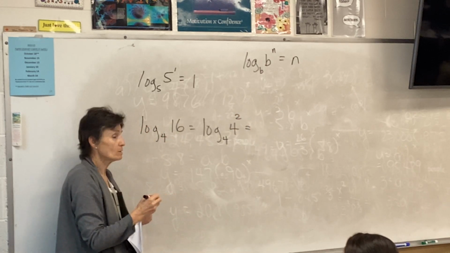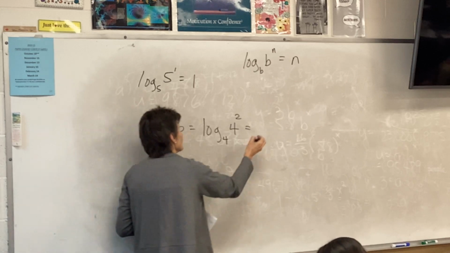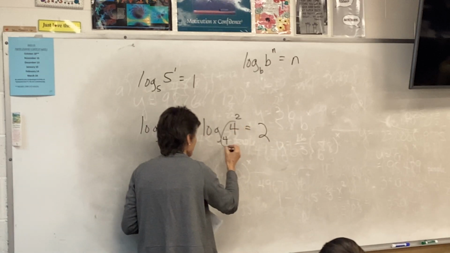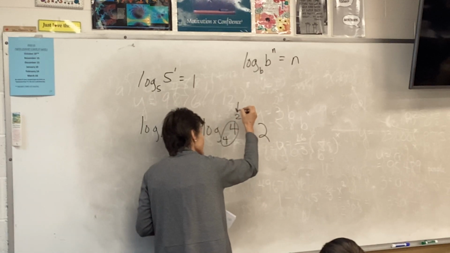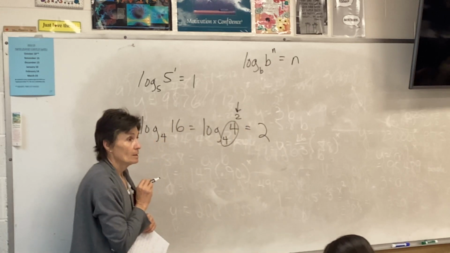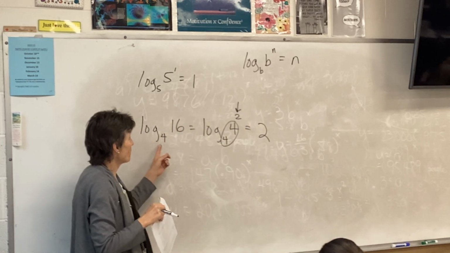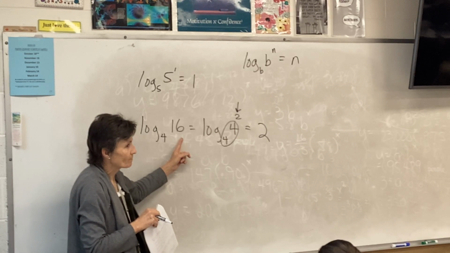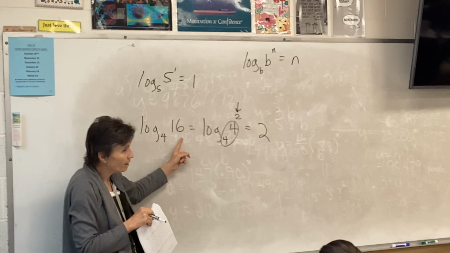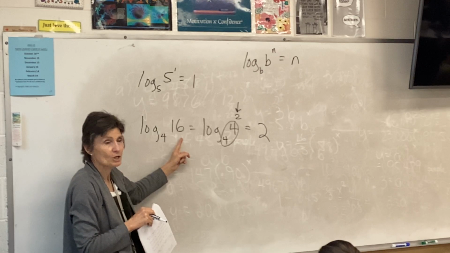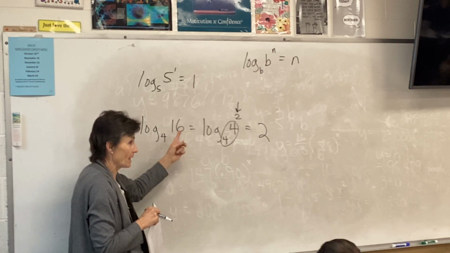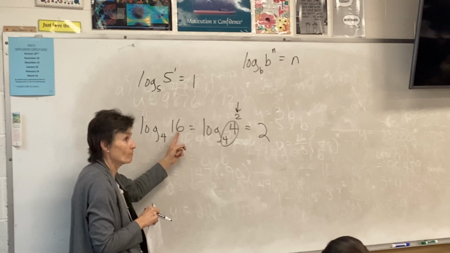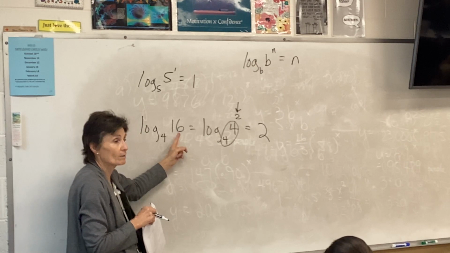Then it's not 4, it's 2. Remember, if these two numbers match, that is the answer. If those two numbers don't match, then we try to make them match. It gets more complicated if we can't make them match. So look for, is 16 a power of 4? Yes, it is. It's 4 squared.